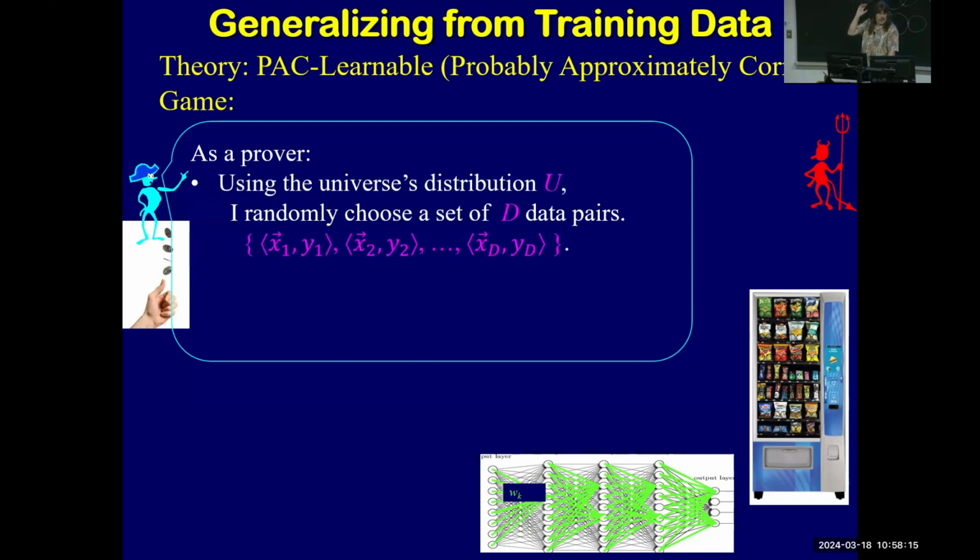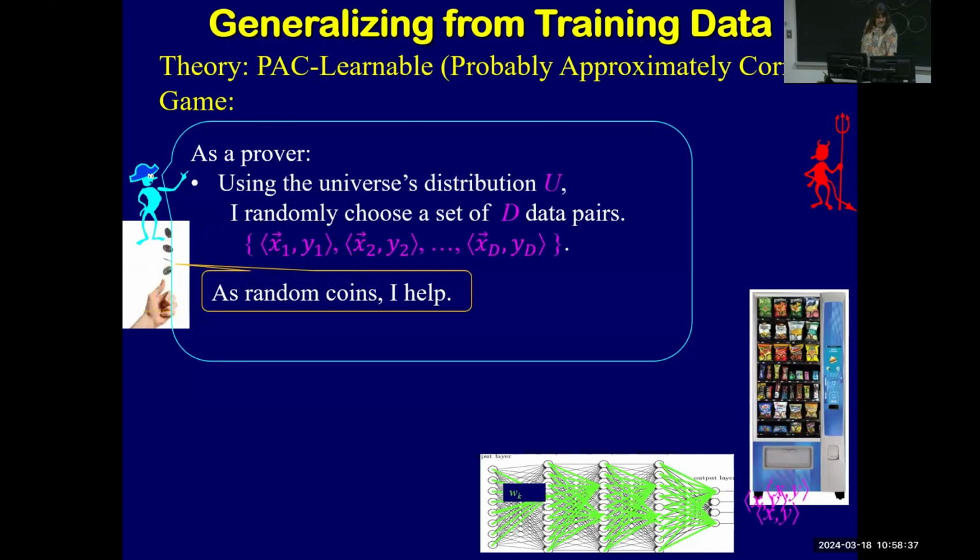So the first thing we're going to do is take our adversary's universe, put in D quarters and push the button, and we're going to get D randomly chosen training data. Does that make sense? Our randomness is going to flip our coins.